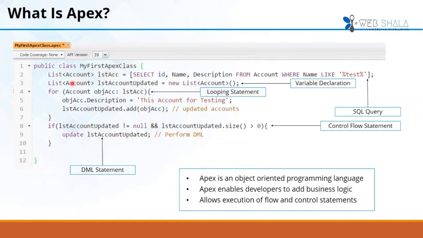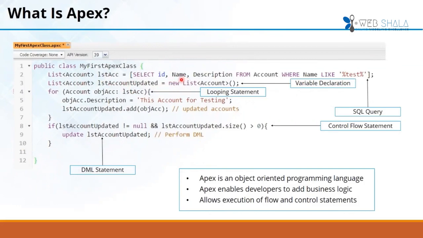Another account, see, this is something where we are hitting one SQL query on the database and fetching the data into a list type of variable. Second is just a variable declaration. Here, list of account equal to new updated account list equal to new.